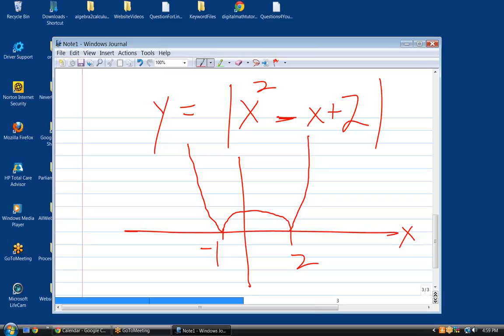In other words, when you have the absolute value of a function, you cannot have any y in negative territory. Y is always positive. So if the original function had part of the function down there, this part here needs to be flipped to there and then erased.